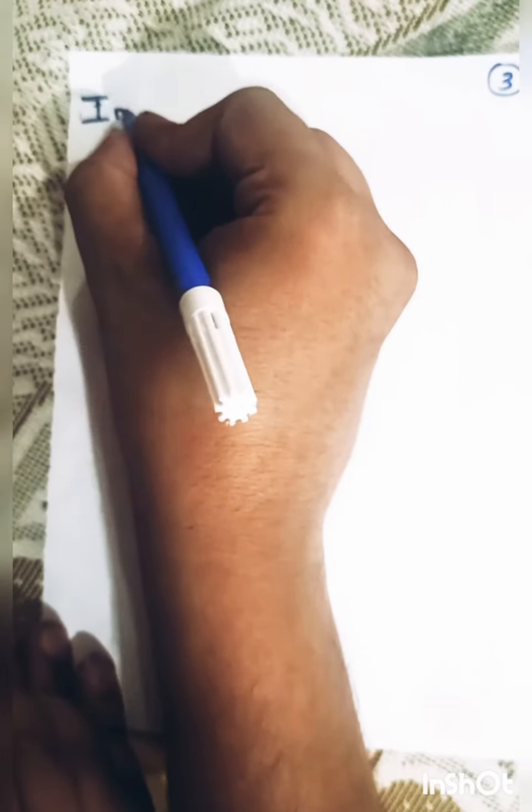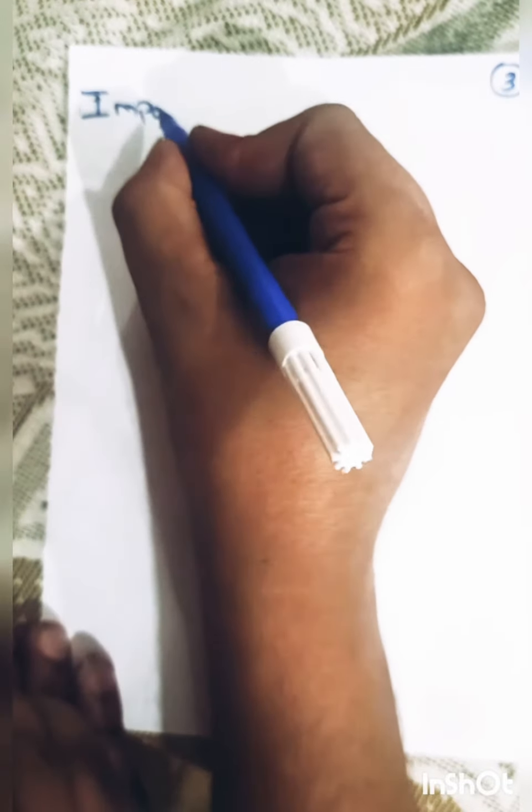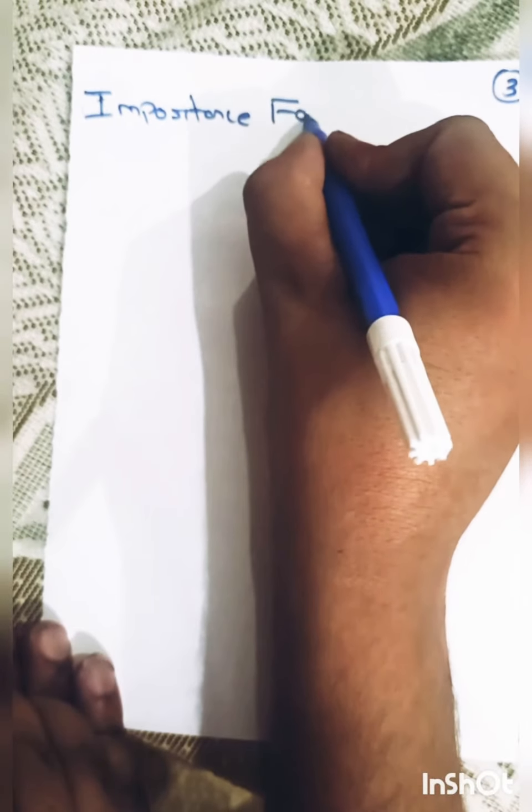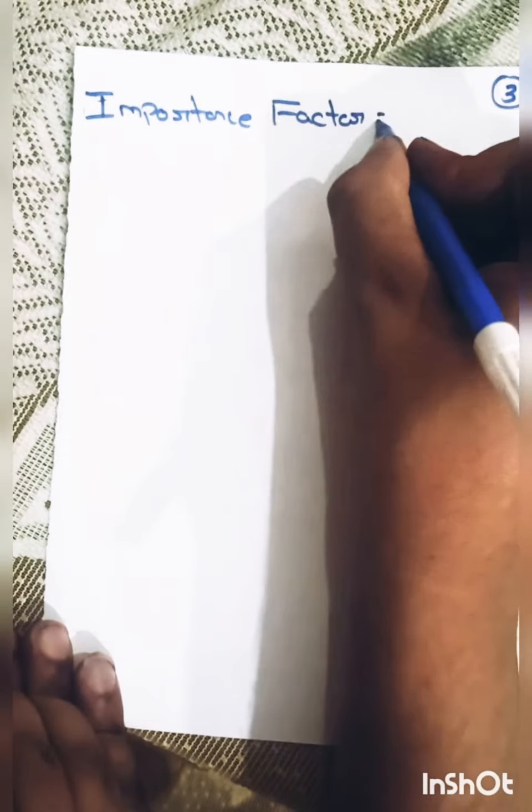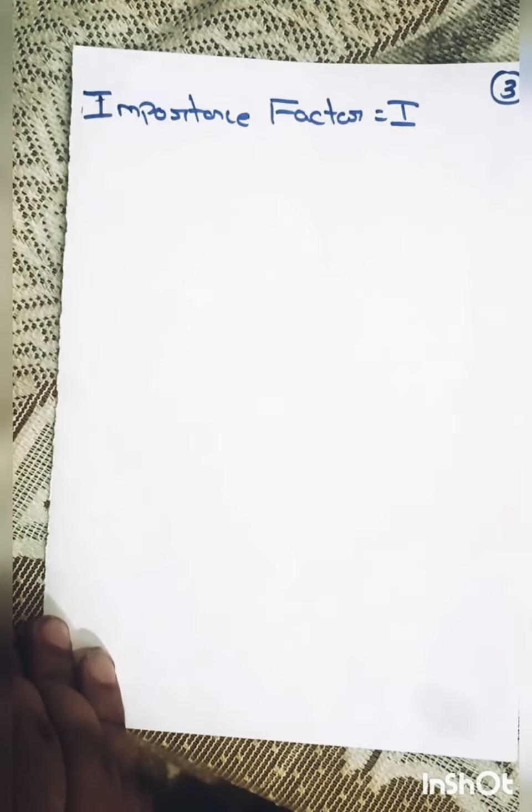Then we require the importance factor, that is I. Again, in the question they have not mentioned what type of building it is.